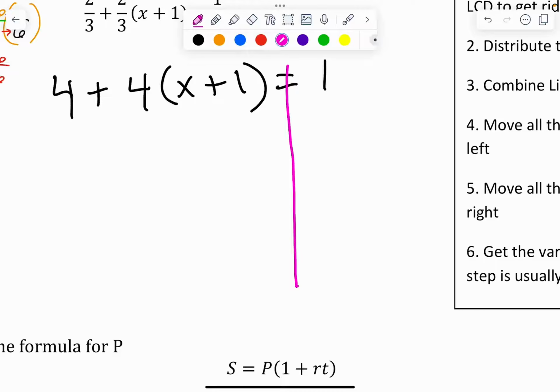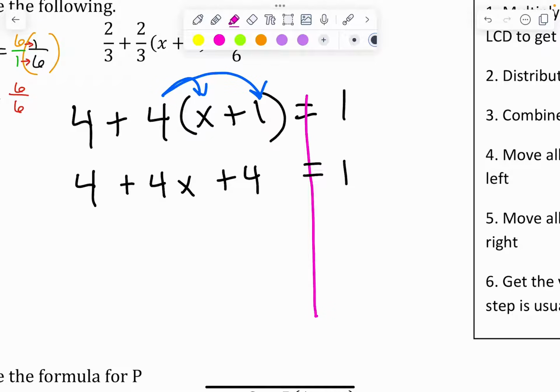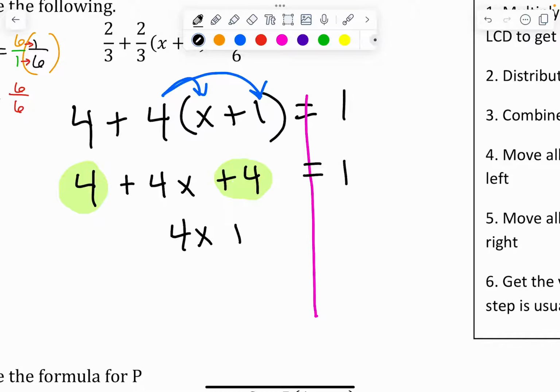So this is the center of our equation. We're going to get rid of the parentheses by distributing. So we end up with 4 plus 4x plus 4 equals 1. Then we can combine like terms. 4 plus 4 are the same, so we get 4x plus 8 equals 1.